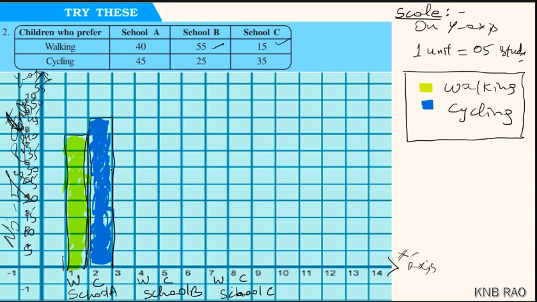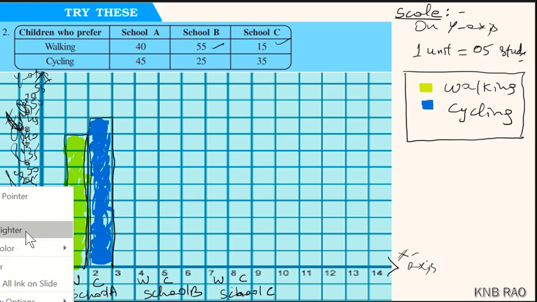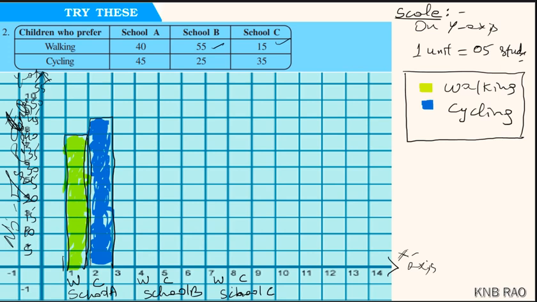So now we can go ahead with school B, where we have 55 students walking. I will start from here, 55, and color up to this one.